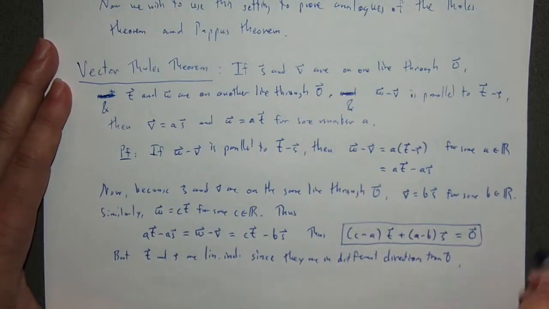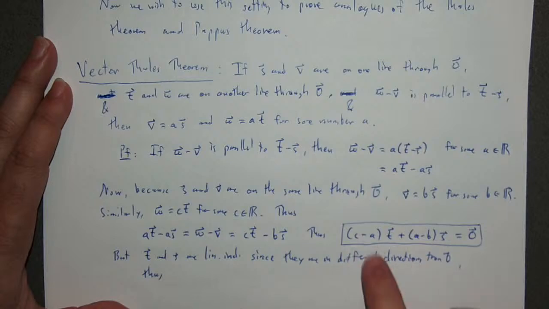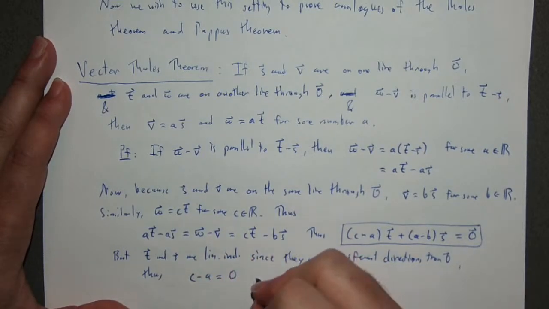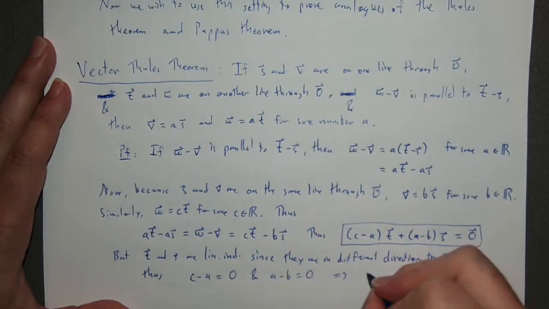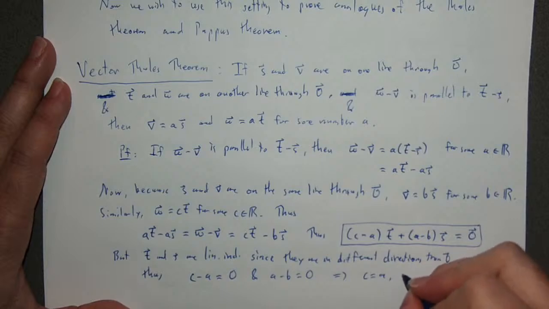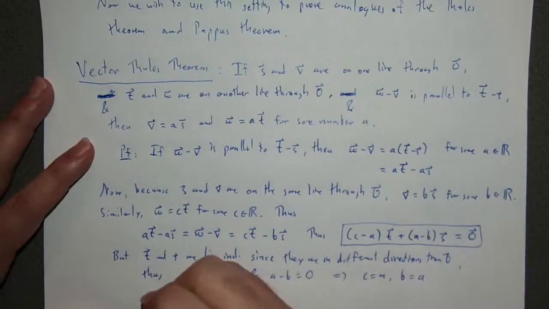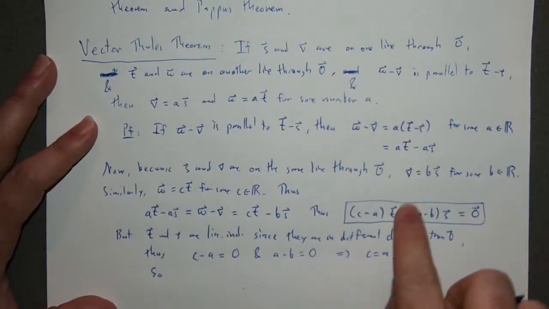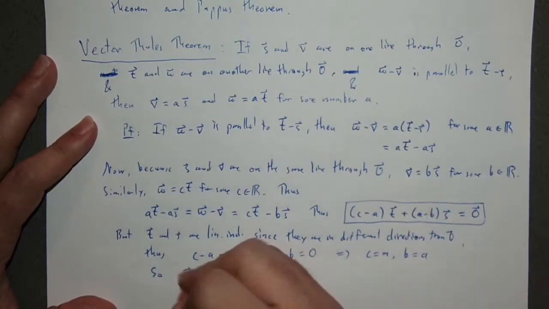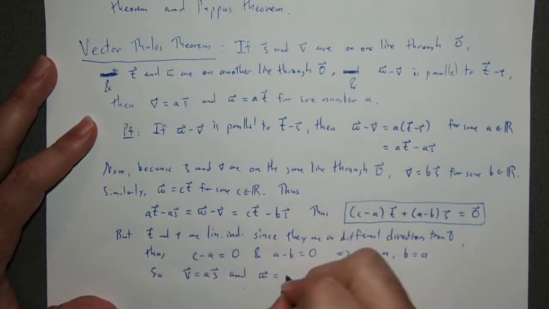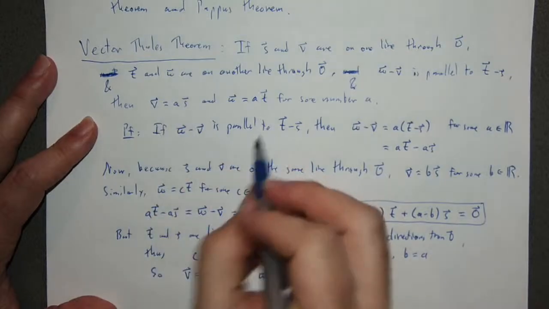Thus, when you have a relation like this, all of the weights, all of the scalars actually have to be 0. So C minus A is 0 and A minus B is 0, i.e. C is A and B is A. And so what do I have here? V is AS and W is AT, which is exactly what I was trying to prove here.